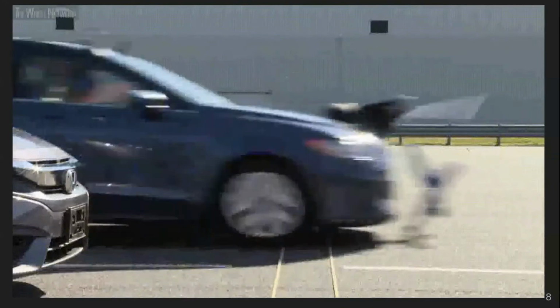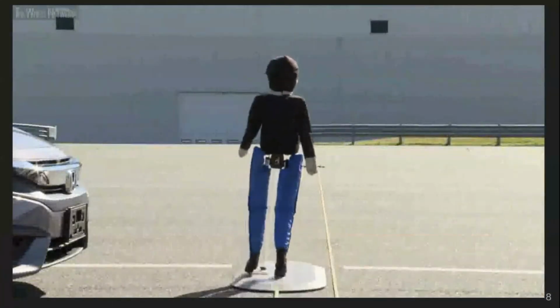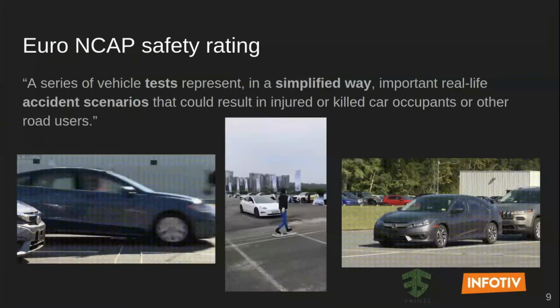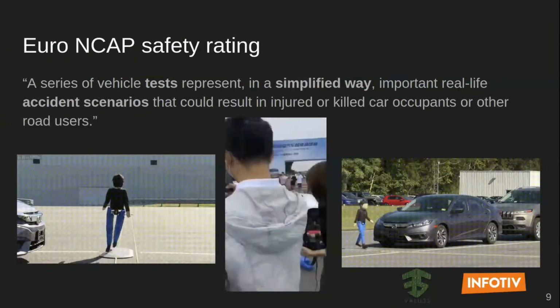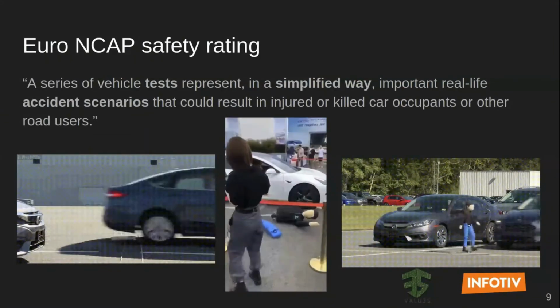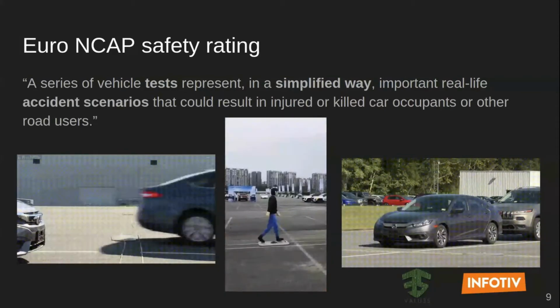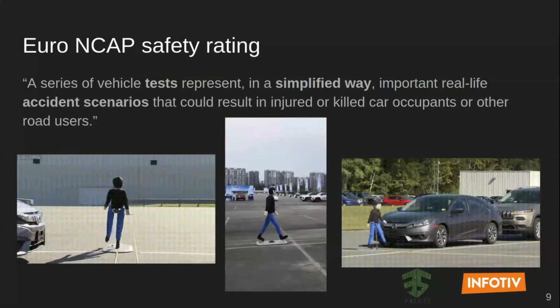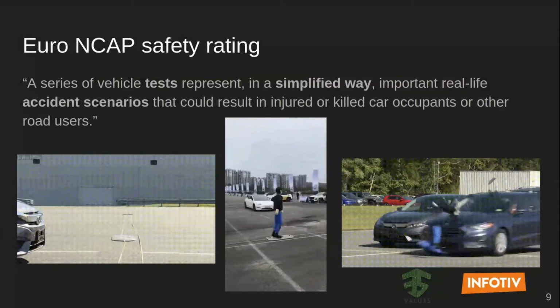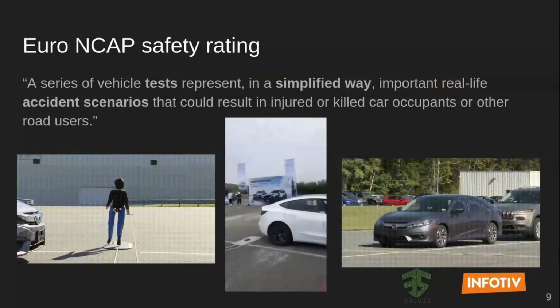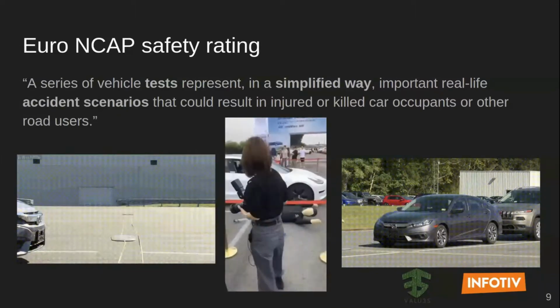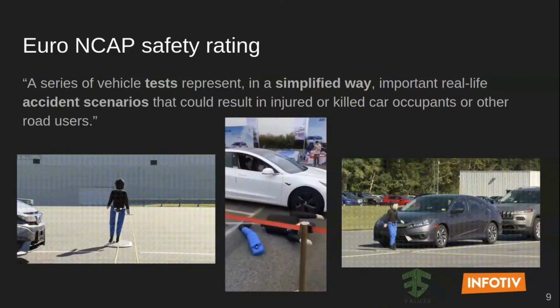This is a practice that is even common in Europe. Euro NCAP is a series of vehicle tests that represents, in a simplified way, important real-life accident scenarios that could result in a car occupant or other road user being killed or injured.